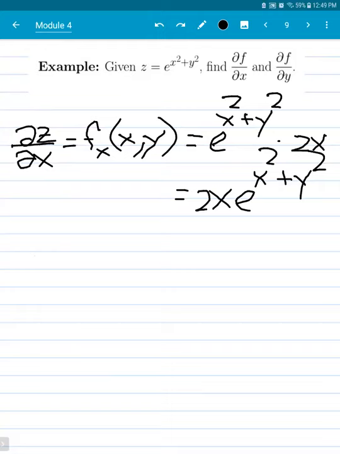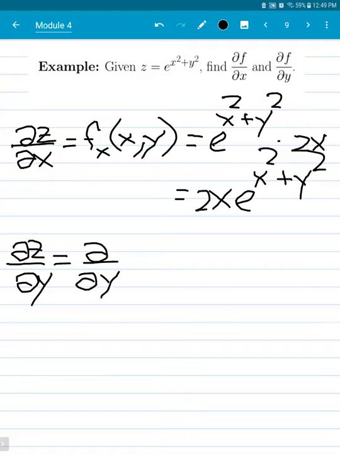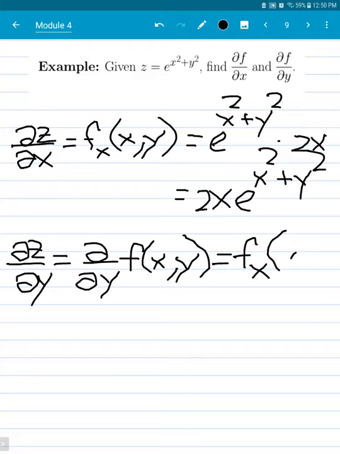Then doing the same for the partial derivative of z with respect to y, which can be written as partial with respect to y, or again as a subscript y.